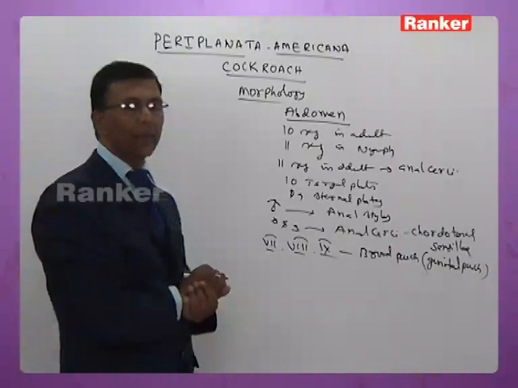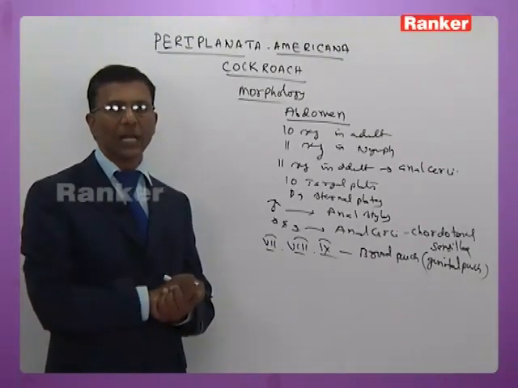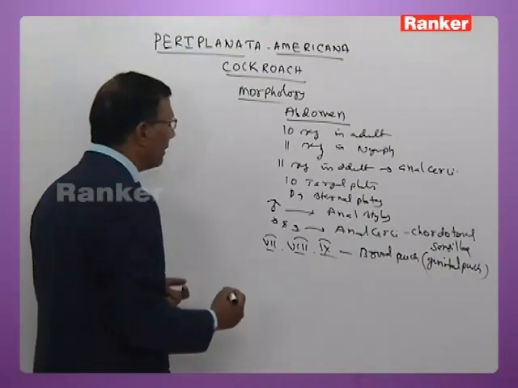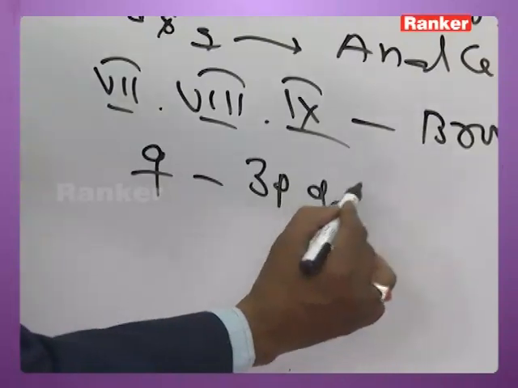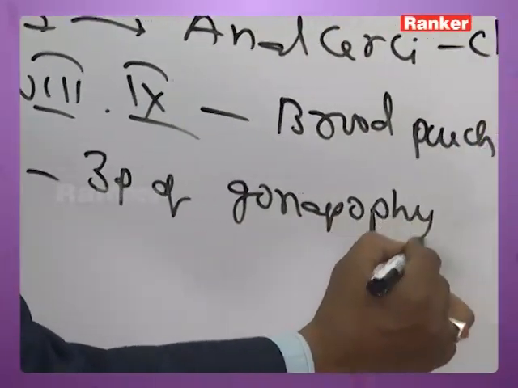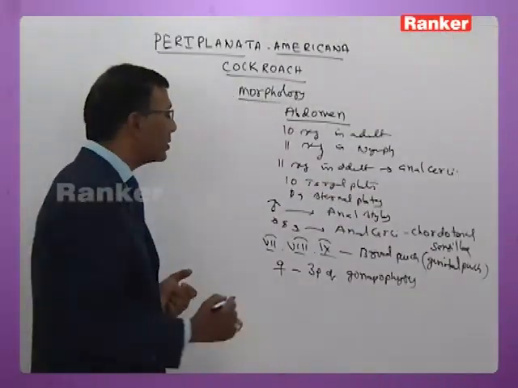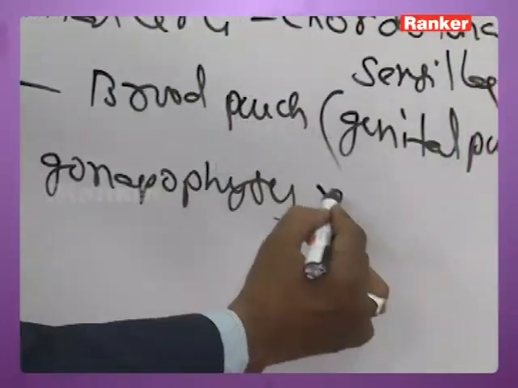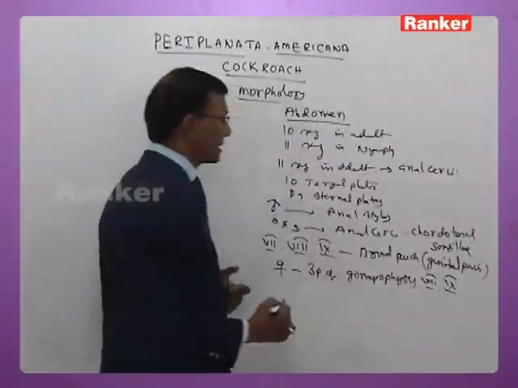Female cockroach has 3 pairs of gonapophyses, which are derivatives of 8th and 9th sternal plates.